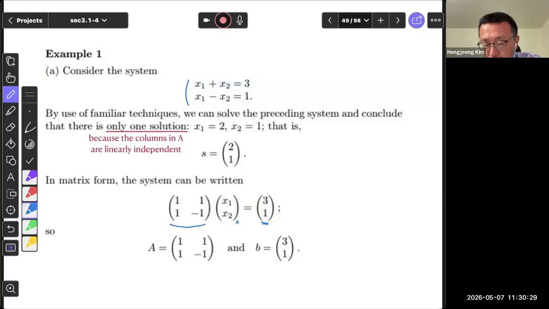For this problem, you can show that there exists only one solution. You can just solve this problem and check.